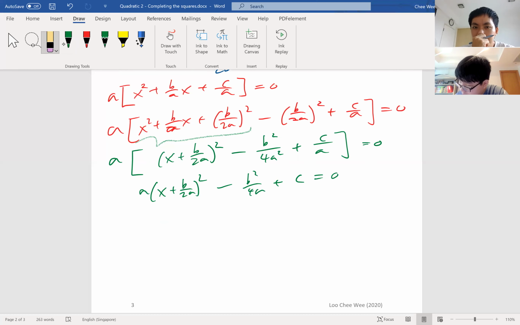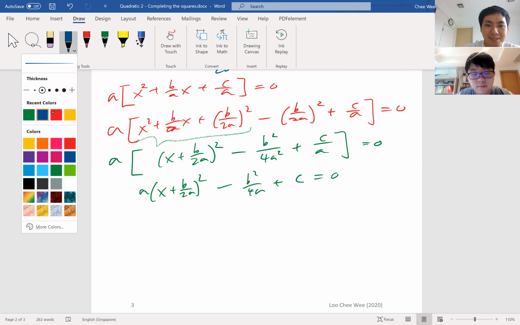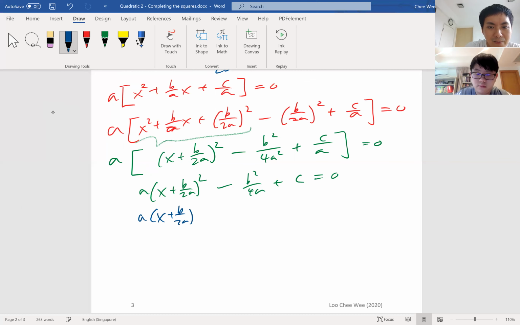So it becomes that. Okay. So then after that, you will shift the non-bracket terms to the right, over 4a, minus 4ac. So I'm combining the denominators.